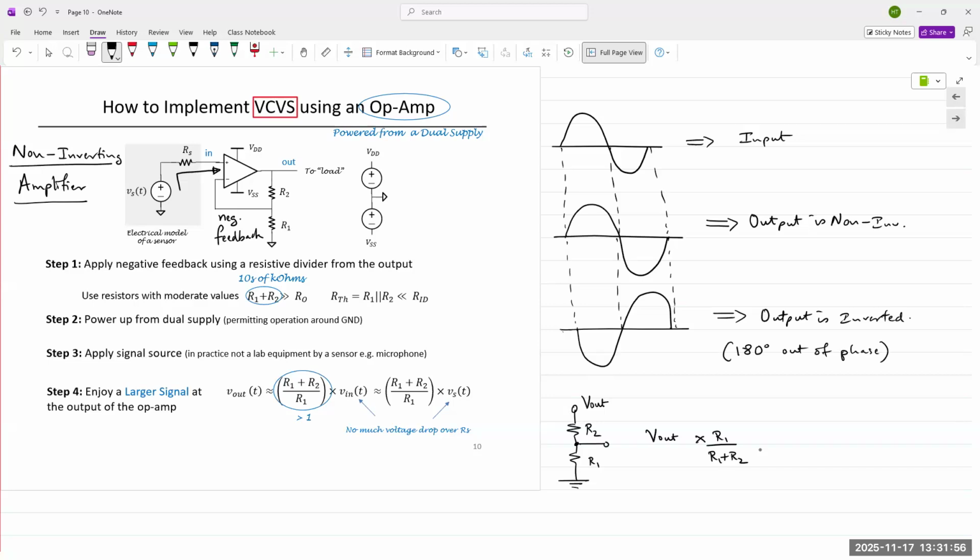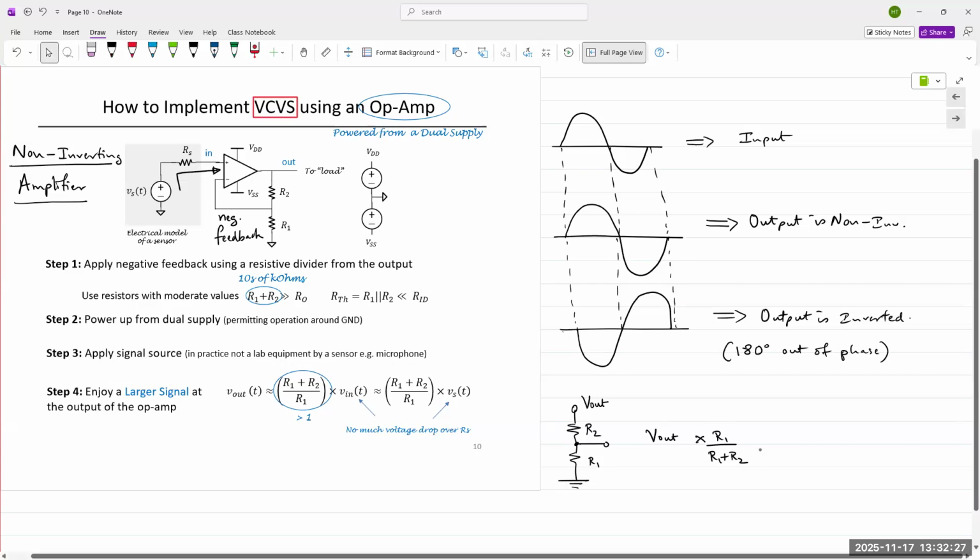It's a voltage divider network comprised of two resistors, R1 and R2. And then you obtain an amplified or larger signal at the output. Okay, Vout will have an equation of R1 plus R2 over R1 times Vin. And Vin in this case is our Vs of t.